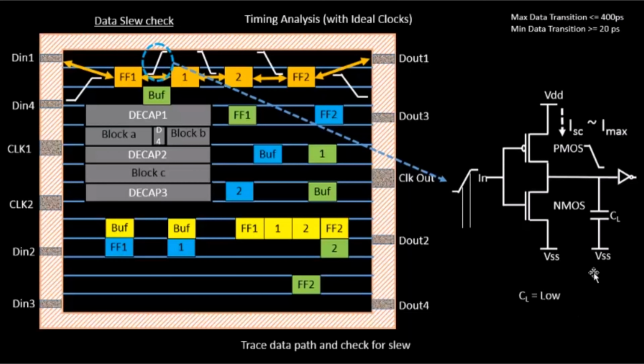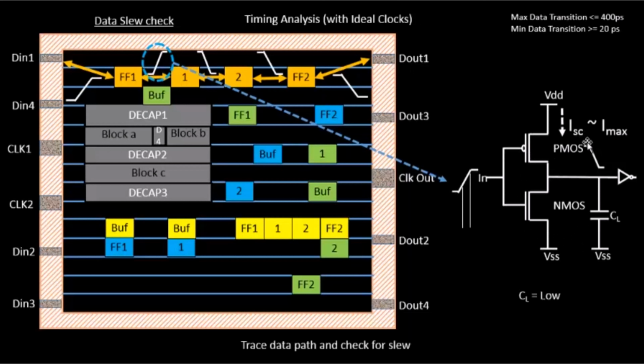In that case, at this particular point of time there are two sources of current, which is short circuit current, this one, and the discharging current from this load capacitance. Now since the load capacitance is very low, it will get discharged very fast, so the discharging current will be very low compared to the short circuit current. And the short circuit current is the maximum current. The maximum current will be short circuit current.